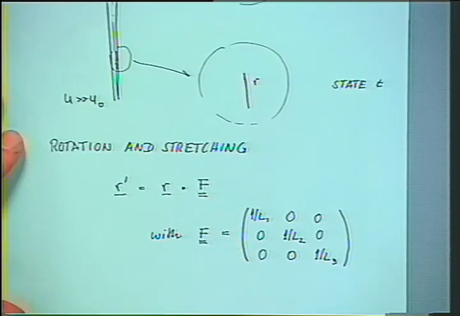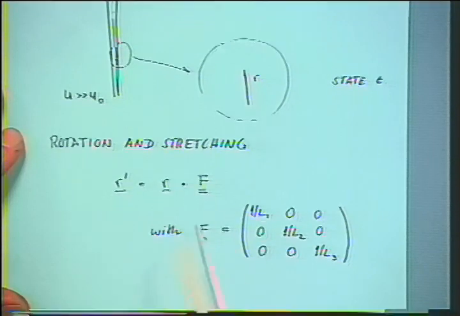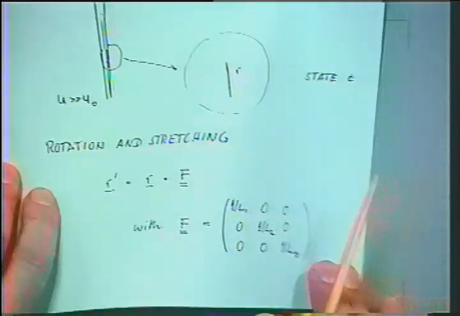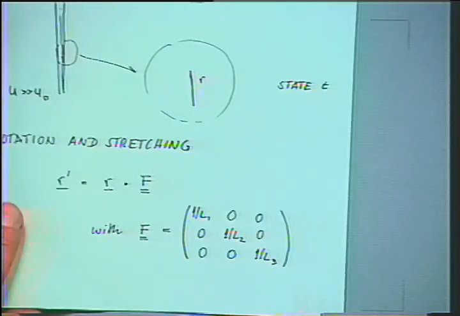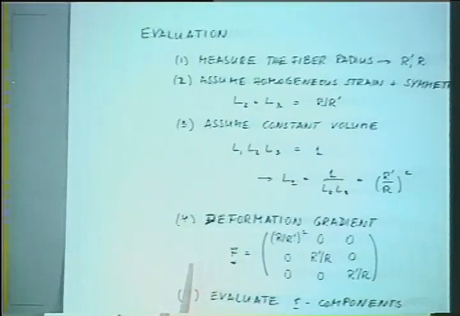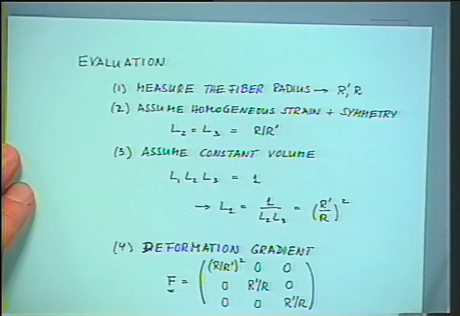But I wanted to go through this manipulation. Assume that you know, say, R prime, and you also know F. The question is, what would be R? You want to know what's the stretching and what is the rotation of this material element. So we assume in the following that we have the components of F. The experiment can be evaluated in the following way.